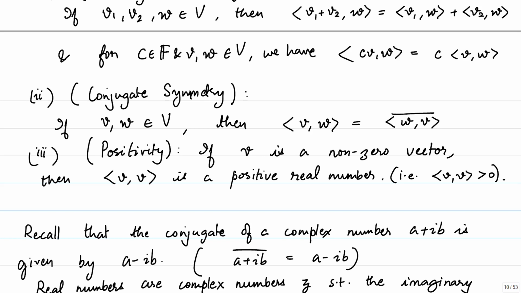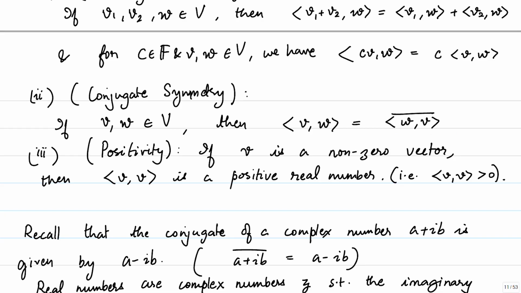In the case of 2, which is conjugate symmetry, you can notice that there is a conjugate involved, and we just noted that if this is a vector space over R, our inner product will also be a real number, and the conjugate of a real number is equal to the number itself.